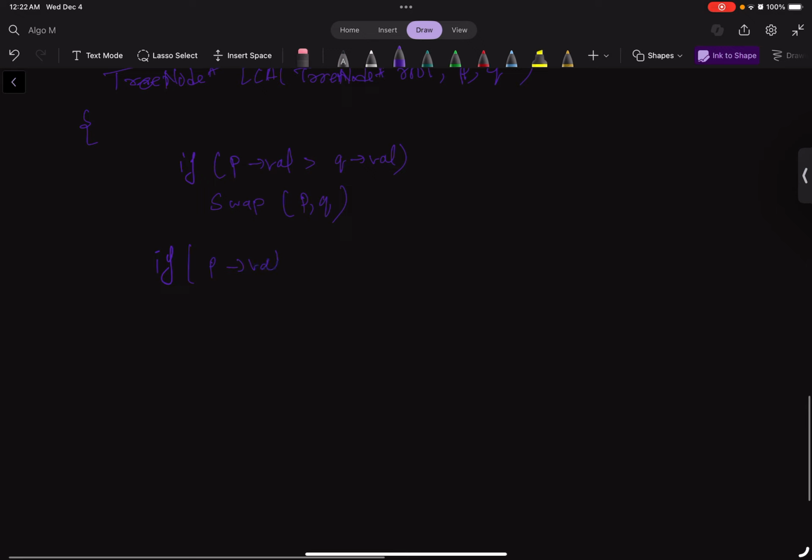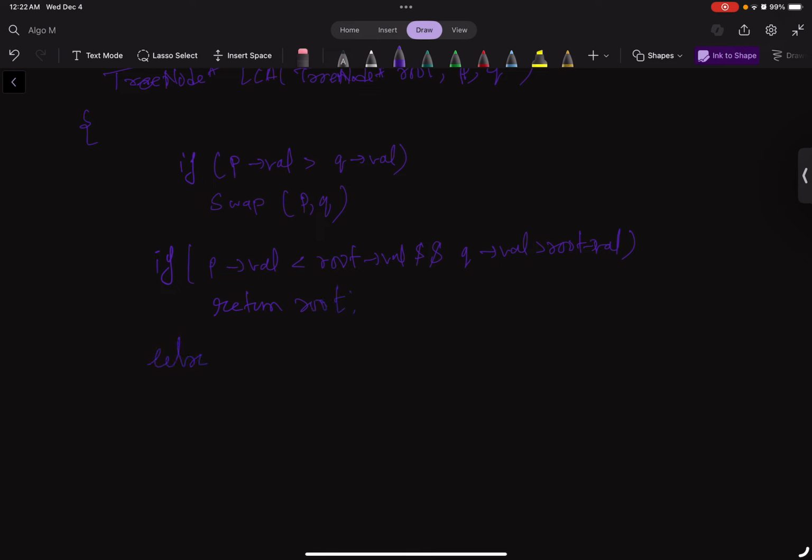Next I started if P val is smaller than, not Q val, I mean root val, and Q val greater than root val, return root.